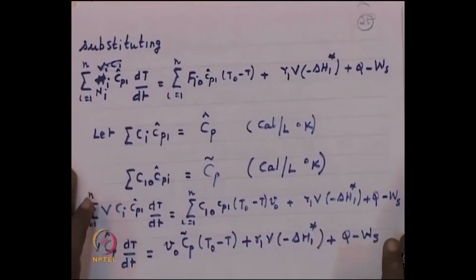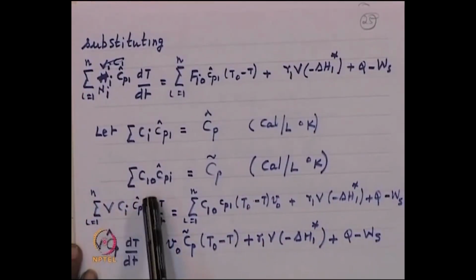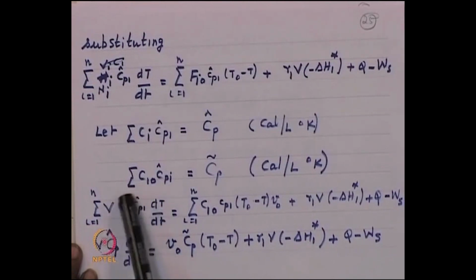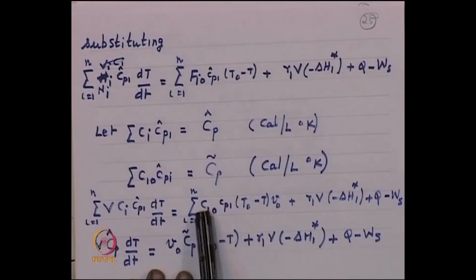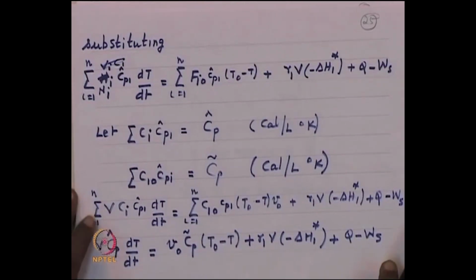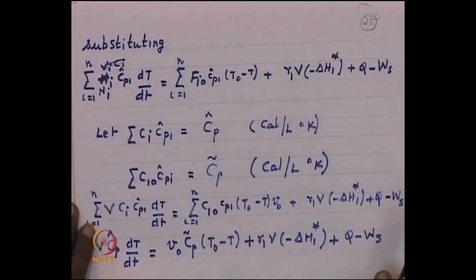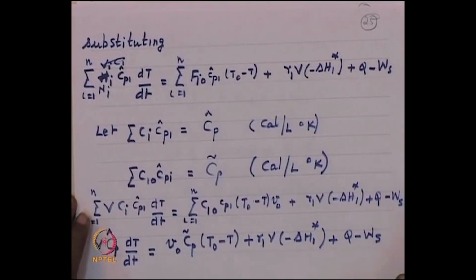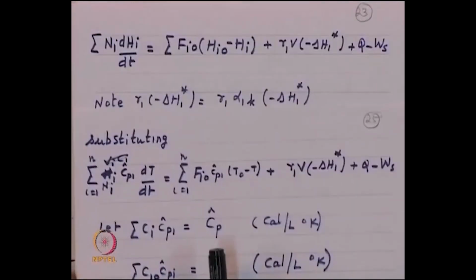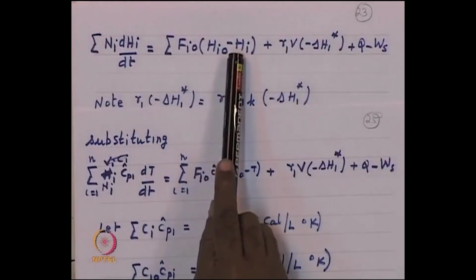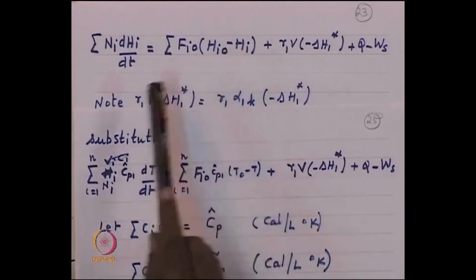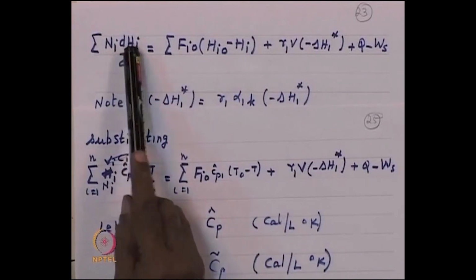Therefore, the right hand side now looks in terms of V I C p I. The only term that has to be summed over all species is V I C p I. On the right hand side, the only term you have to sum is C I 0 C p I. In other words, by expressing the enthalpies in terms of specific heat, even those, if you look at this, H I naught is known, H I changes depending upon the extent of reaction.